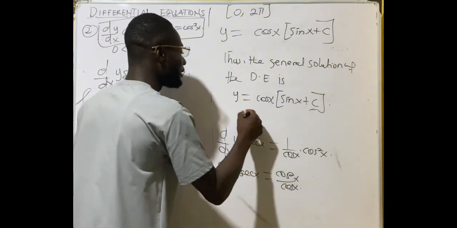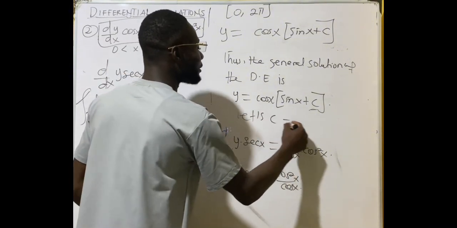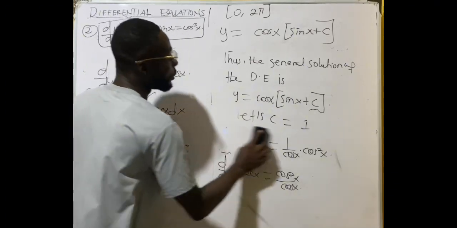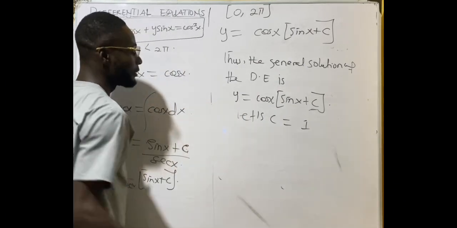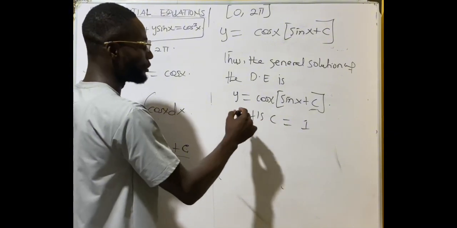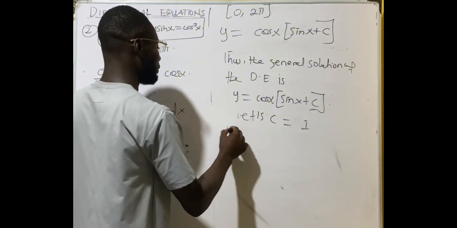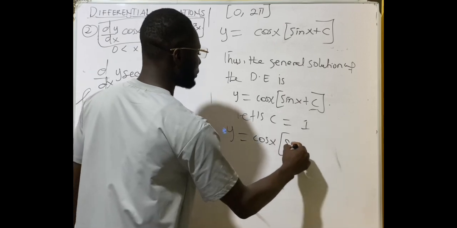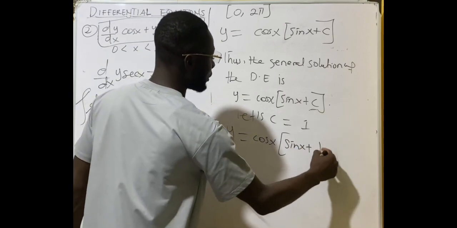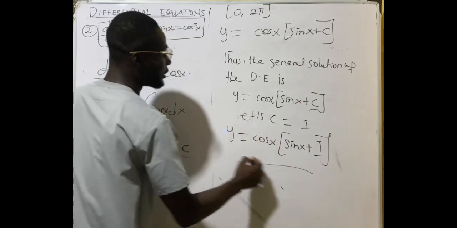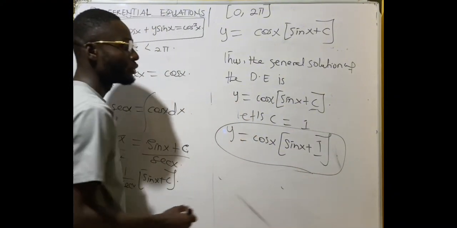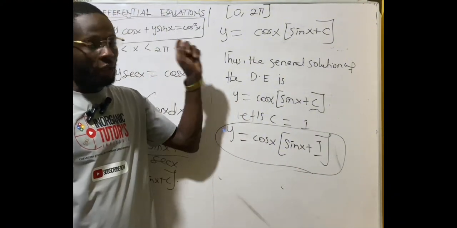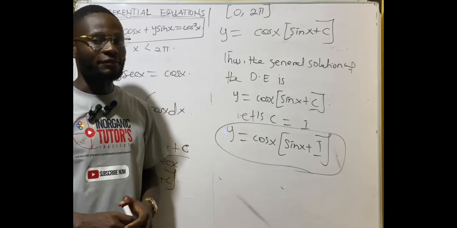Let's say that c is equal to 1, right? So if c is equal to 1, then we are assuming. So we say that y should be equal to cos x into sine x plus 1. So this is the equation that we are going to use to generate the values so that we can draw or sketch our graph, right?